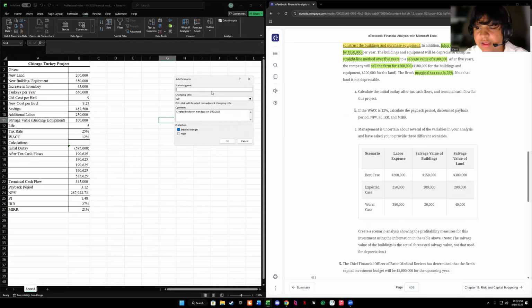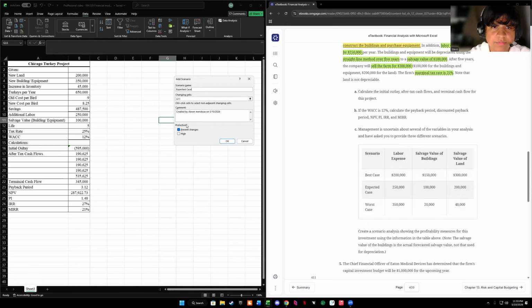So we're just going to add a scenario, and as he wants us to have these specific scenarios, we'll do expected case first, just because we don't have to change anything. This is our expected case currently.